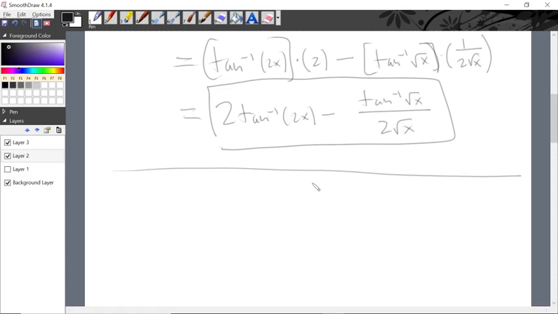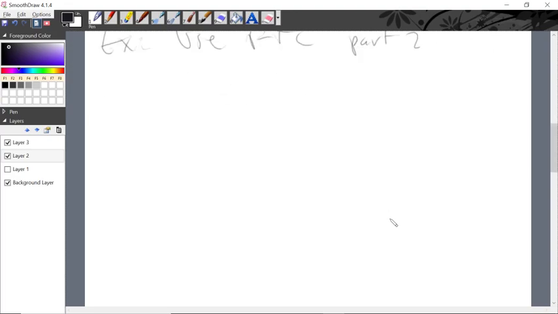Okay, let's try an example now using the fundamental theorem part 2, in order to evaluate the integral. I have an integral from 1/2 to 1 over root 2 of 4 over the square root of 1 minus x squared dx.